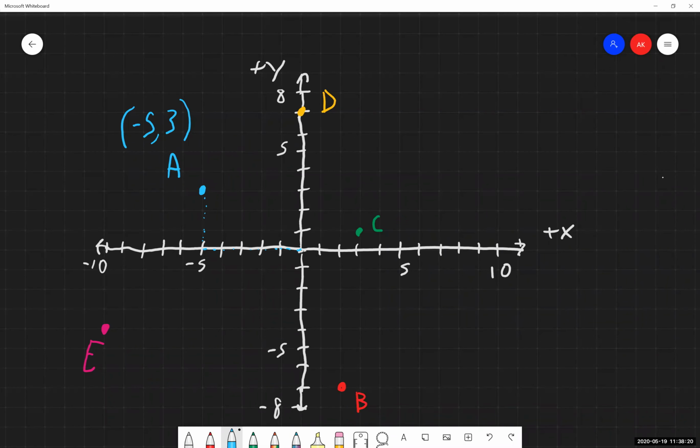Looking at our B value, again, we're going from the origin, counting over 2 in the positive x direction. So point B has an x value of 2. And then I'm going down by, looks like 7, -7. Yeah. Going 7 in the negative y direction, which means I have a y value of -7 there.